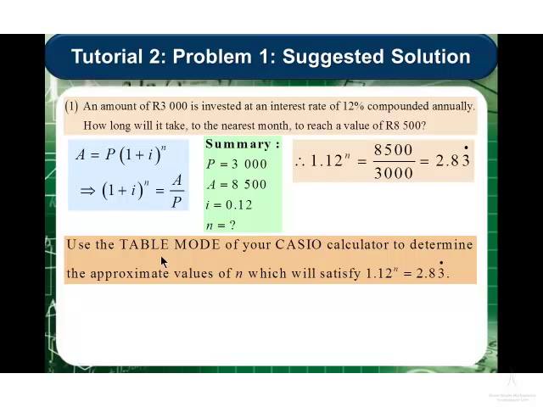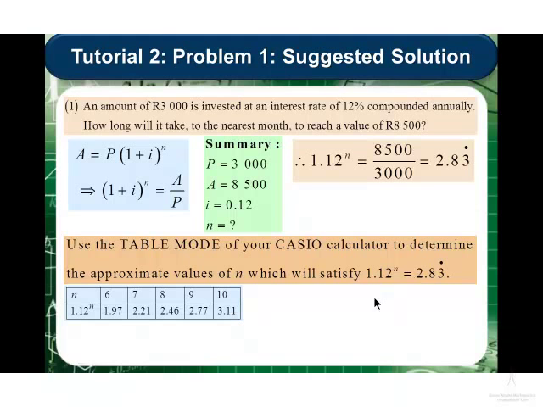So I suggest that you use the table mode of your Casio calculator, or an equivalent calculator for that matter, to determine the approximate values of n which will be such that this particular equation is satisfied.